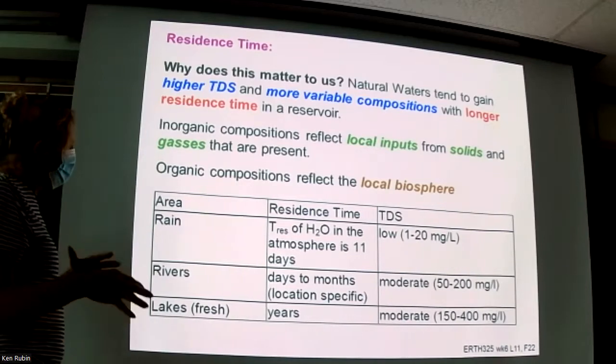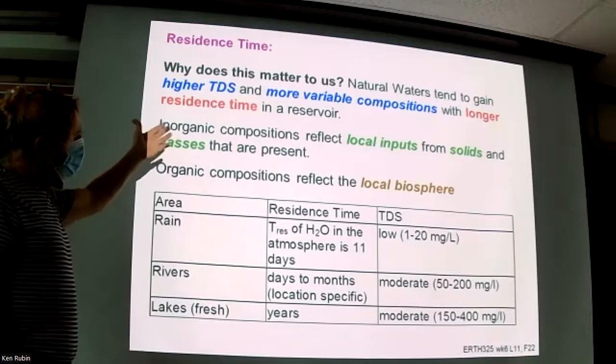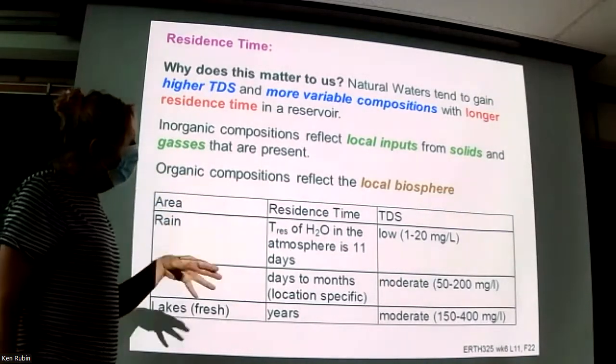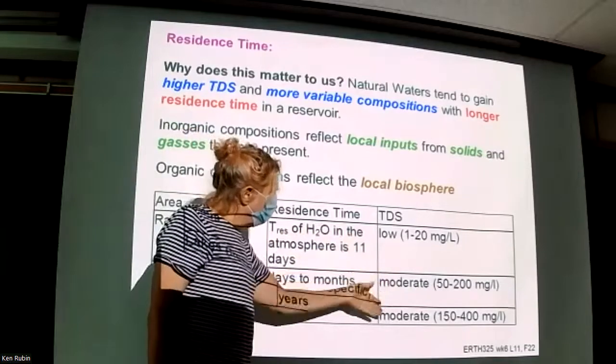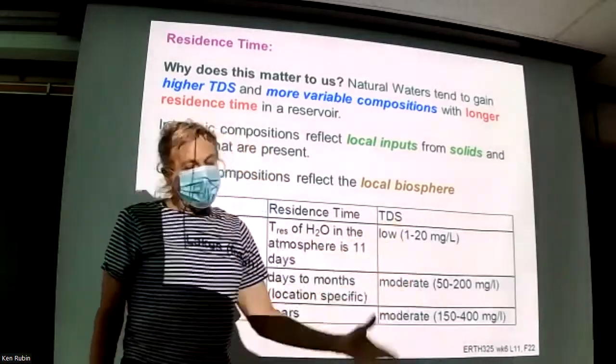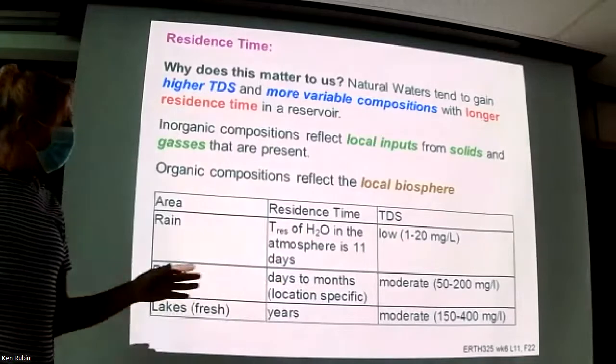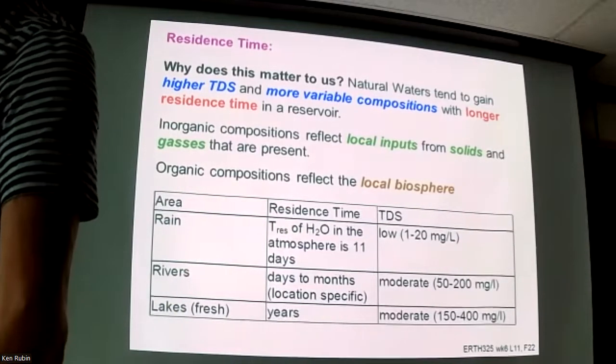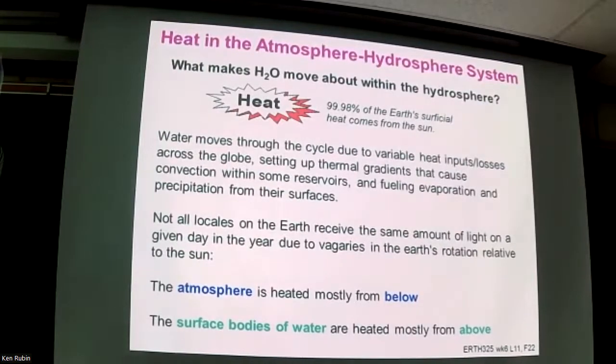And as a body of water interacts with those materials, they're going to develop different flavors of chemistry that are reflected in the total dissolved solids, even if they come up with roughly the same total dissolved solids from place to place. What's in those solids might vary.